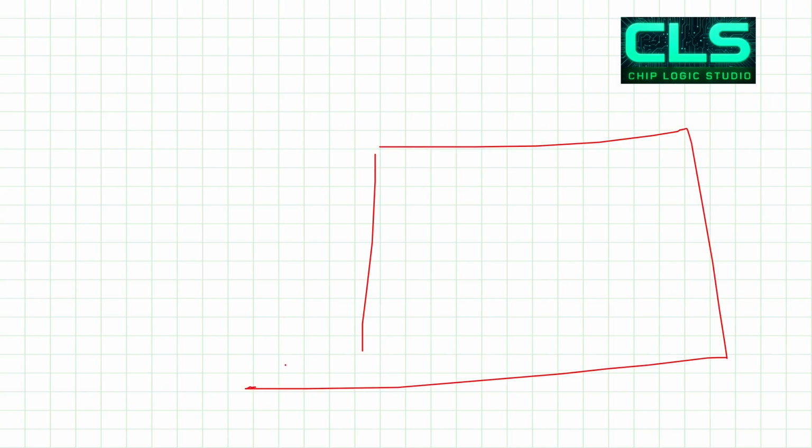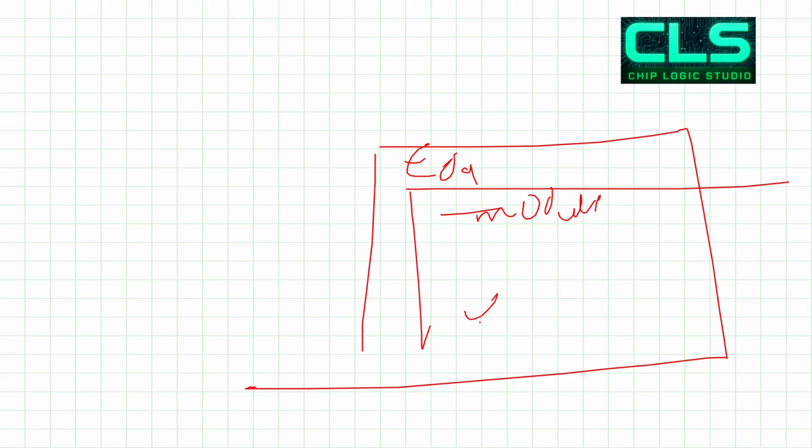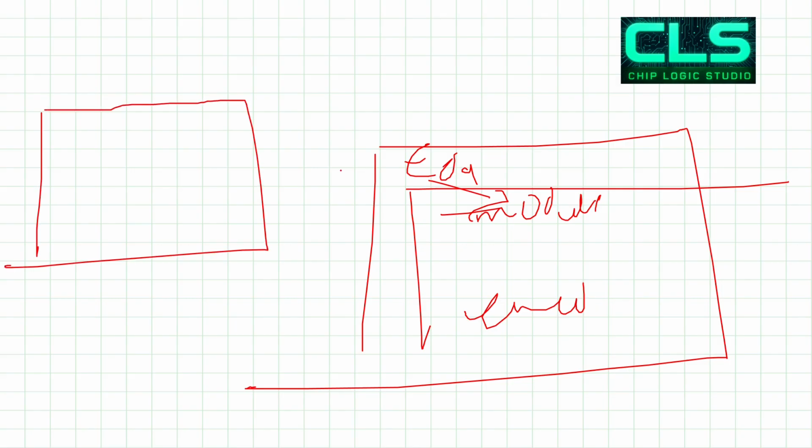Now, for example, if it is your EDA Playground page, you are writing some module and endmodule. So who is defining this module and endmodule? There may be some file created for this, right?